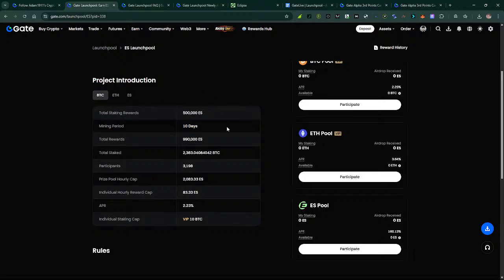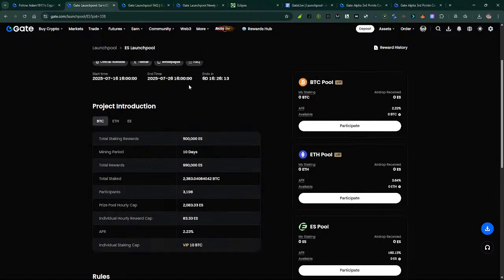Before I click here, let's see what details we got. Total staking reserve. So make sure you are joining, and be sure that you are staking enough here, because sometimes the rewards are going to be so less.